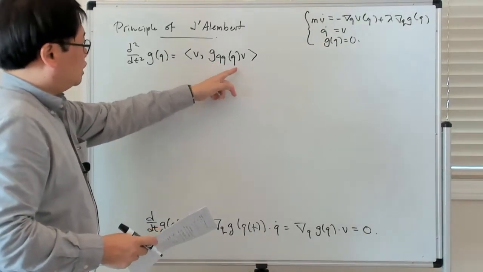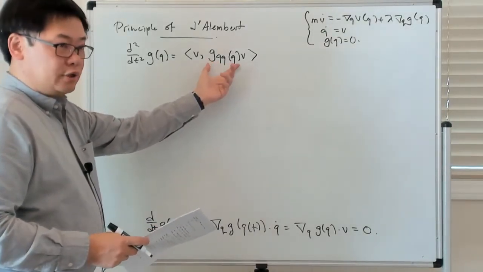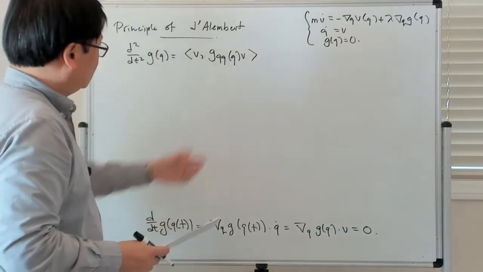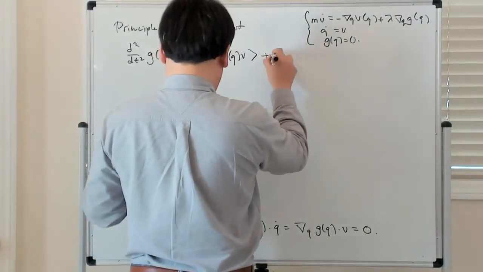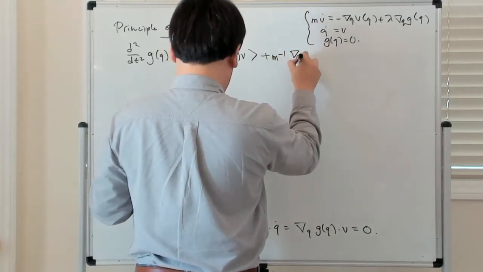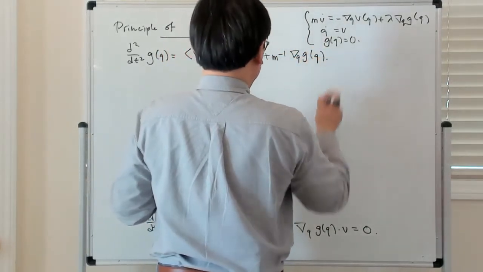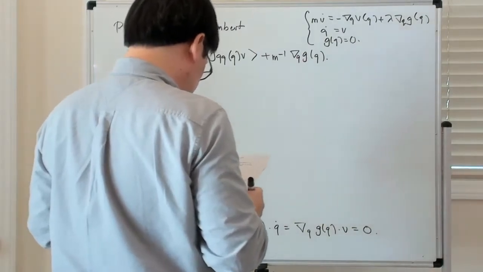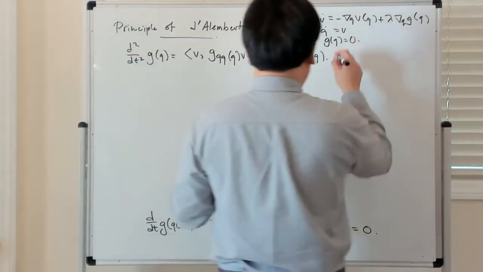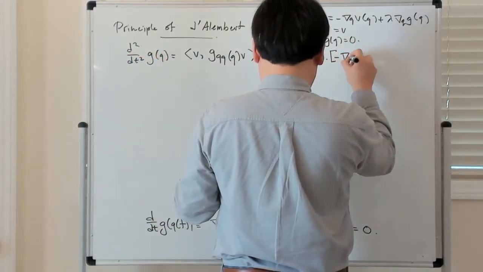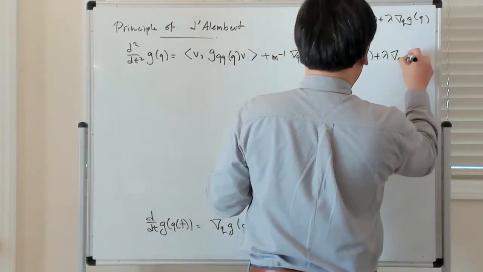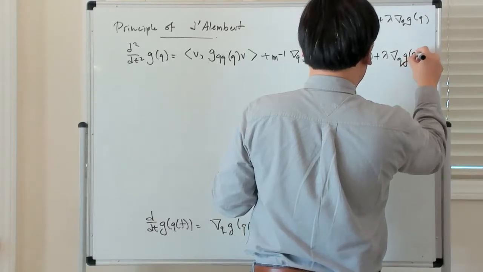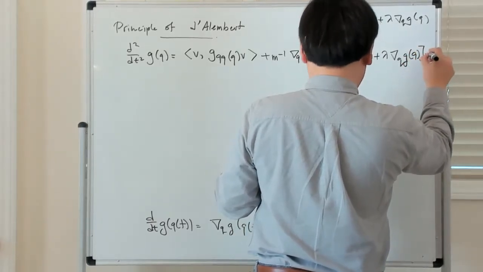It's like with a mass matrix which is related to the Hessian of this g function, right, plus M inverse, this multiplied by minus the gradient VQ plus lambda. Okay, is equal to 0.